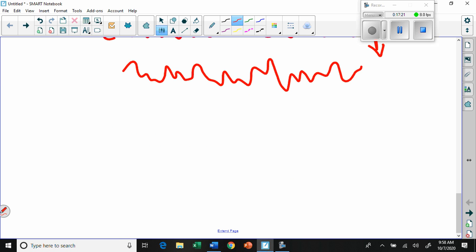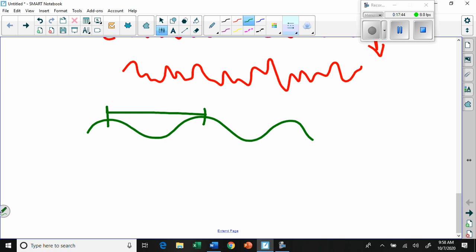For us, though, what we're interested in is the energy of the waves. Waves can have more energy depending on what color they are. It turns out that if you take a wave, right, and you measure the distance between the two crests, that's called a wavelength.